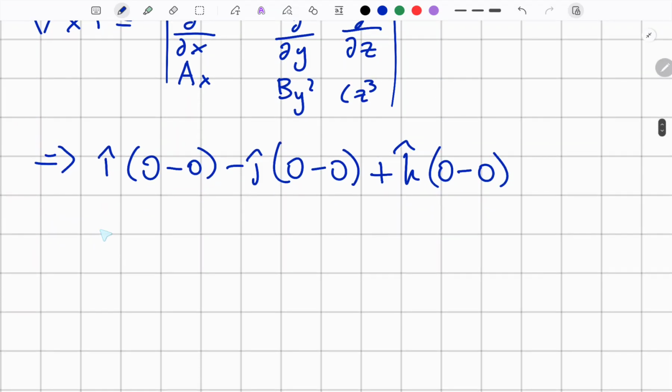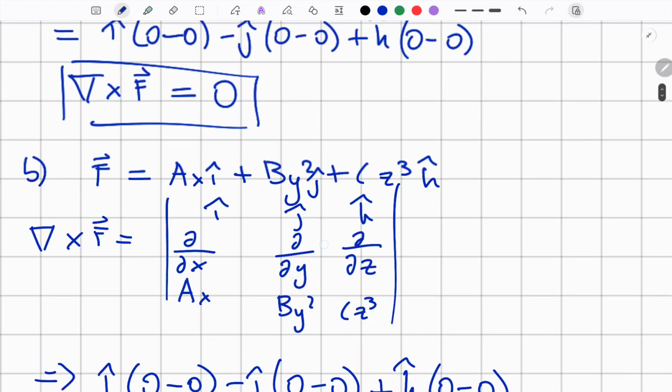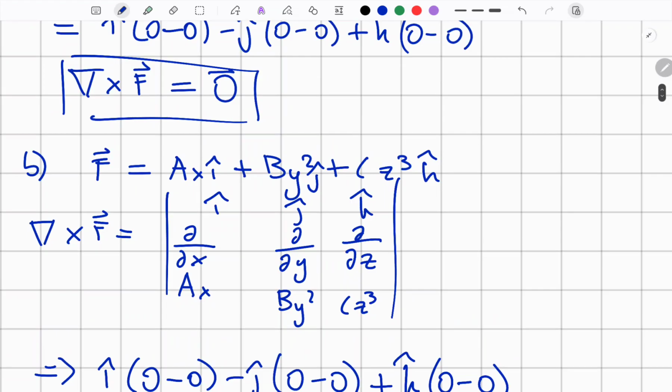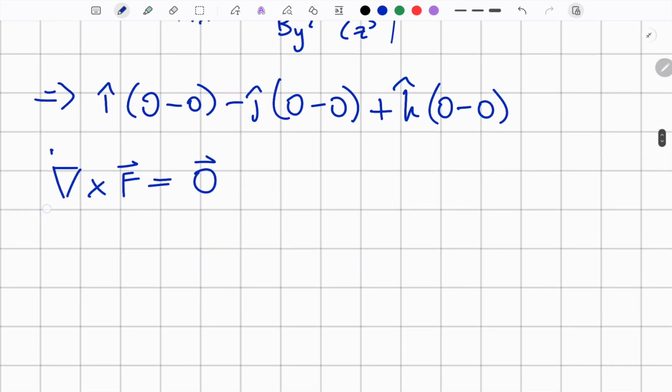So once again, the curl of F, our force vector field, is the 0 vector. It's the 0 vector. So this is also conservative.